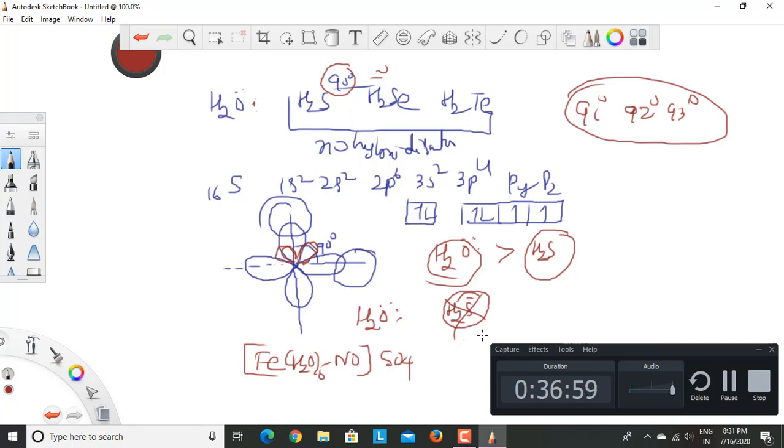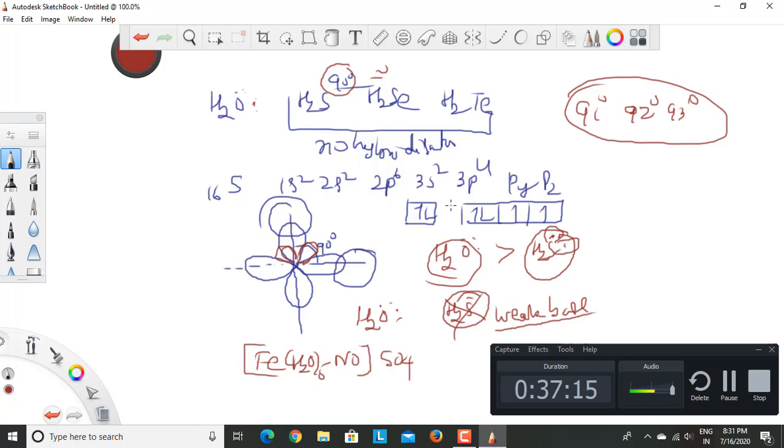Why? Because it is a weak base. And this weak base is because in H2S the two lone pairs are pure S orbitals. The percentage S character is more.